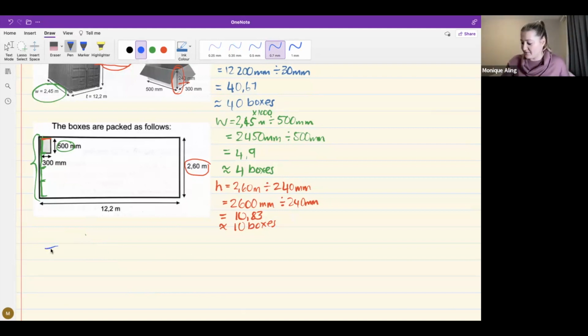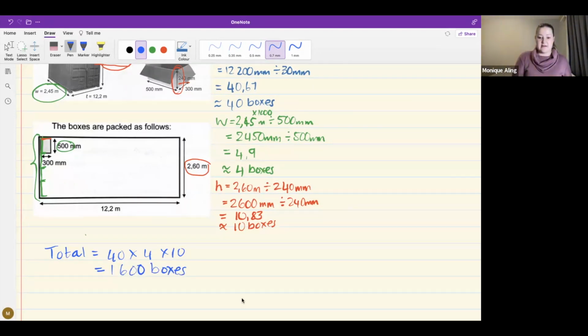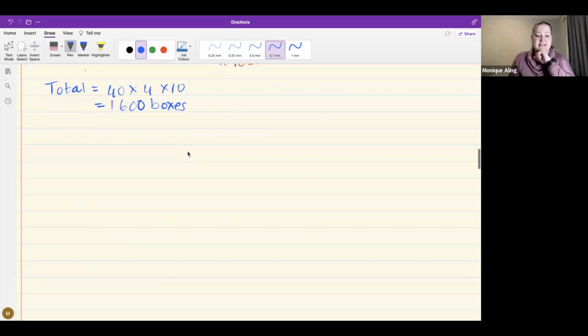So total, take our 40 times by 4 times by 10, and we get 1,600 boxes. Nice, Leander. Nice, Ben. Well done. Awesome. So that was rectangles within rectangles. Let's have a look at another question.